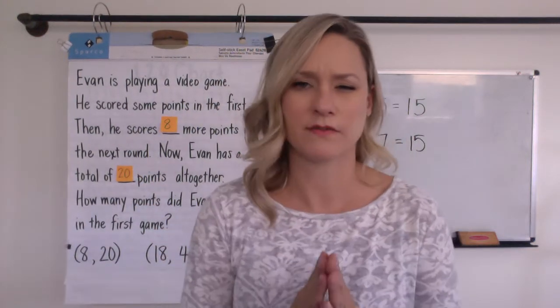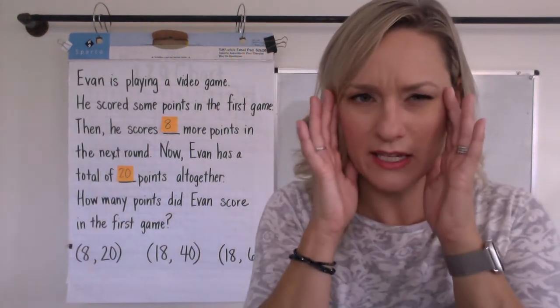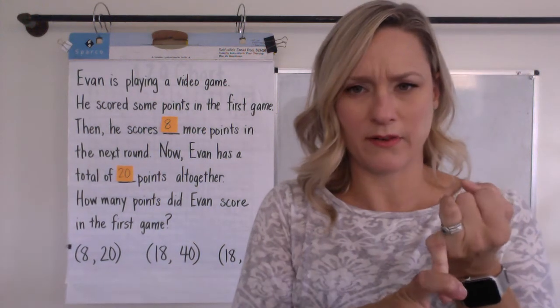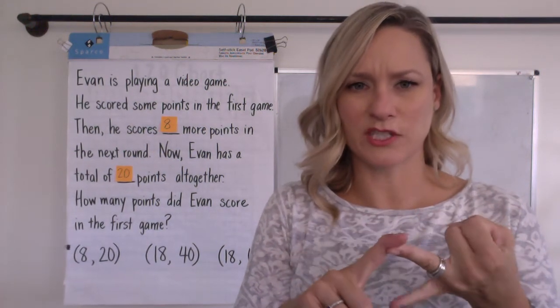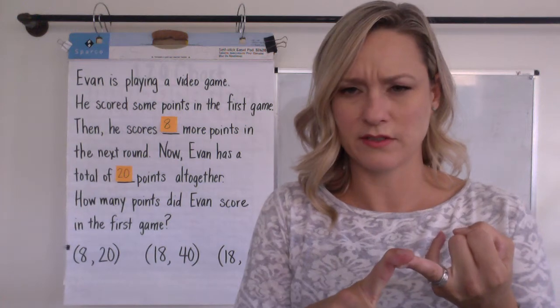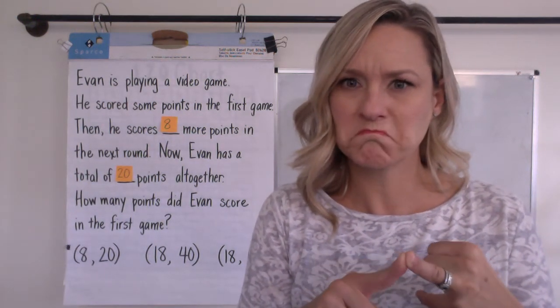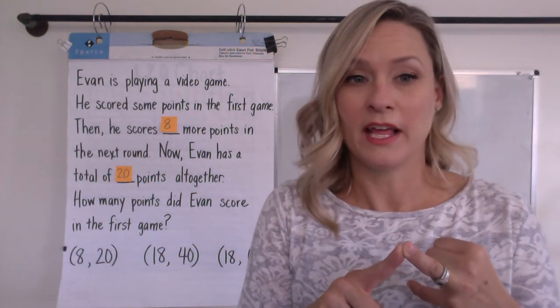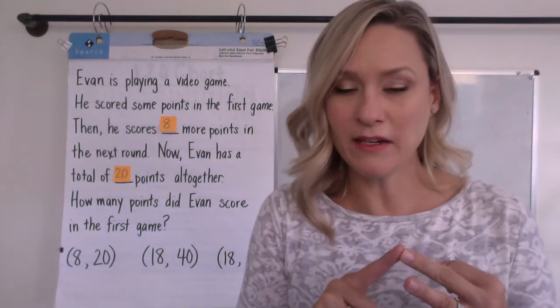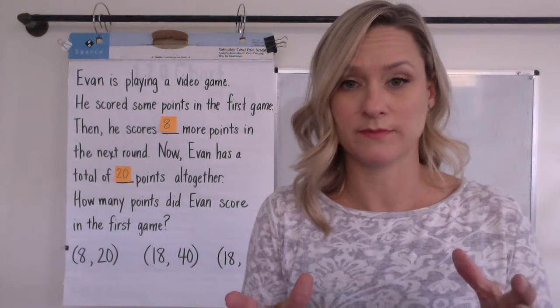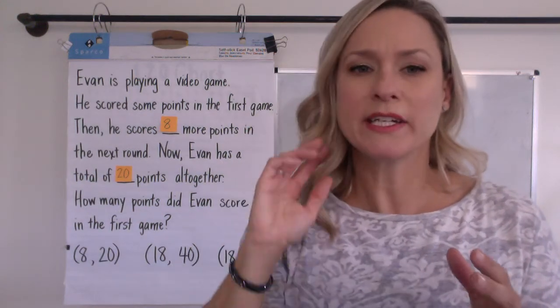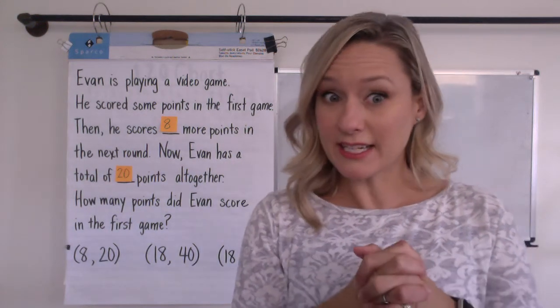All right, so let's read it again. We have to really think about this. Evan's playing a video game. He scored some points in the first round. Do we know how many points he scored in the first round? Okay, then he scored 8 more points in the second round. Do we know how many points he scored in the second round?